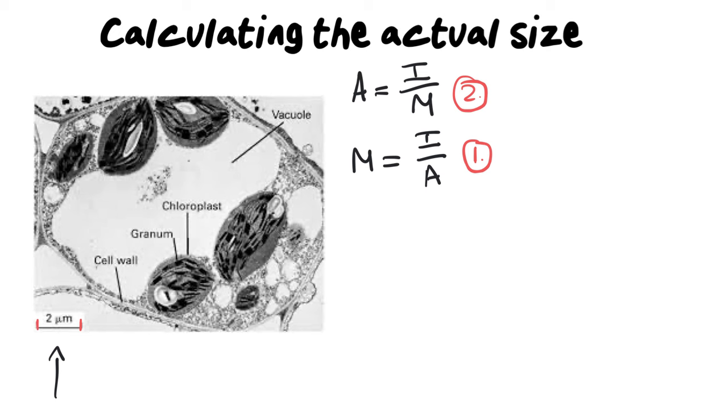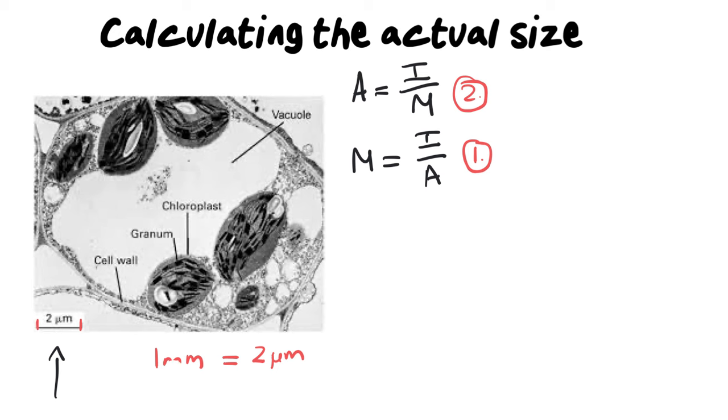Because, hypothetically, if it was 1 millimeter, it then means that for every millimeter on this picture, it will represent 2 micrometers in real life. That's what a scale bar does. It shows you the scale of reality that has either been shrunken down or has been magnified bigger. And that's the purpose of that scale line. It's going to tell us how to convert it and create a magnification.